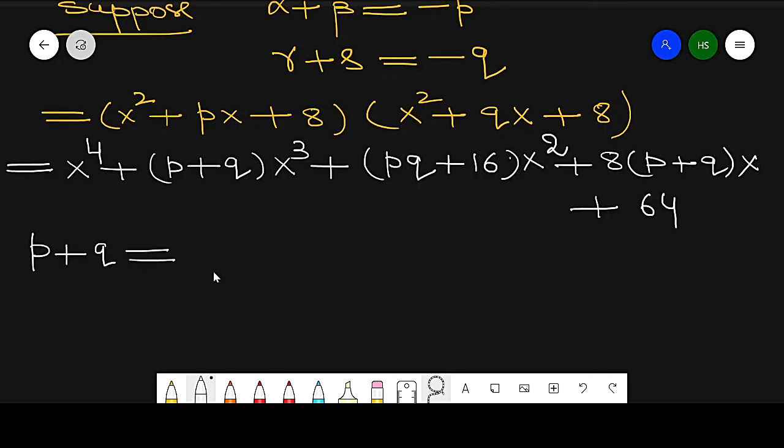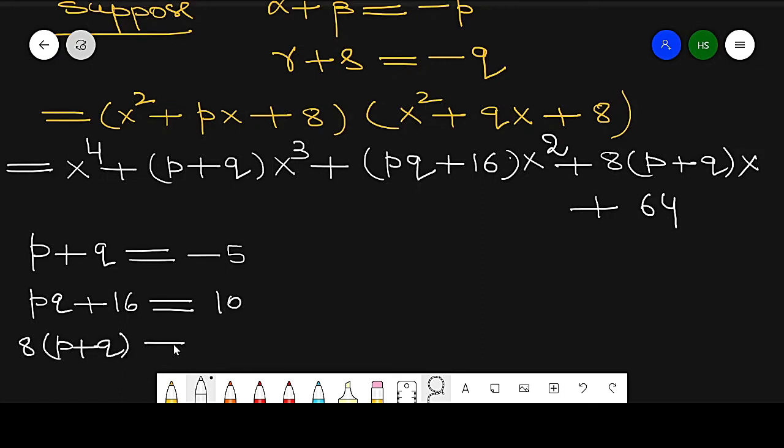Now comparing this with the given equation, equation number 1, what we get: p plus q, which is the coefficient of x cube, is equal to -5. Similarly, pq plus 16, the coefficient of x square, is -30, and next is 8 times p plus q, the coefficient of x, which is -40.